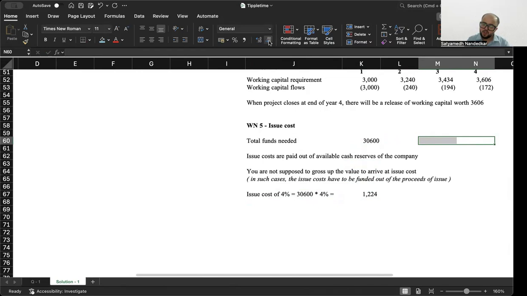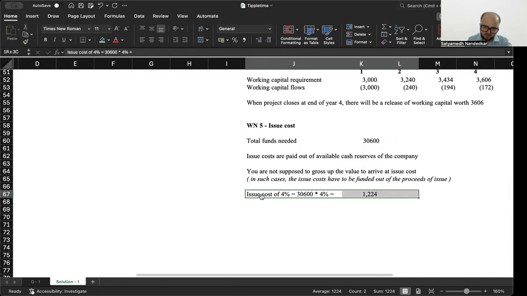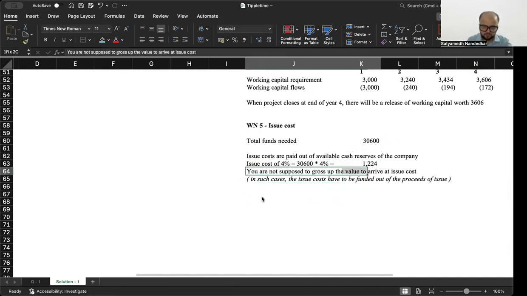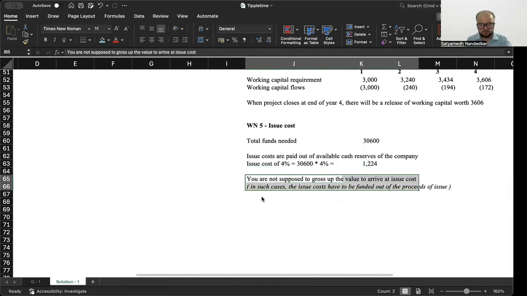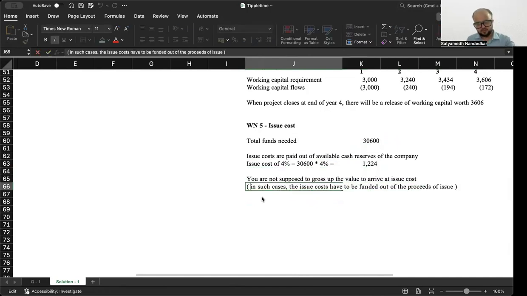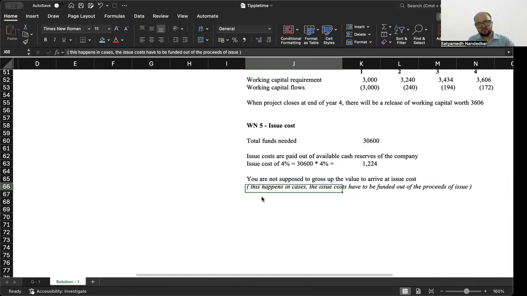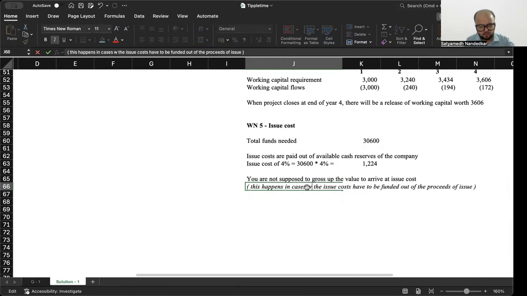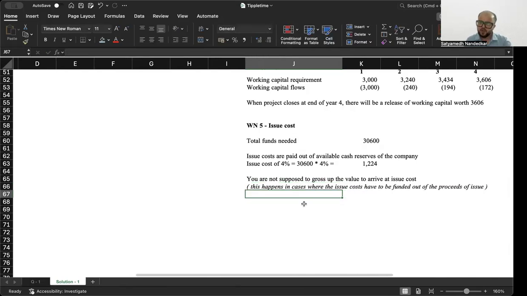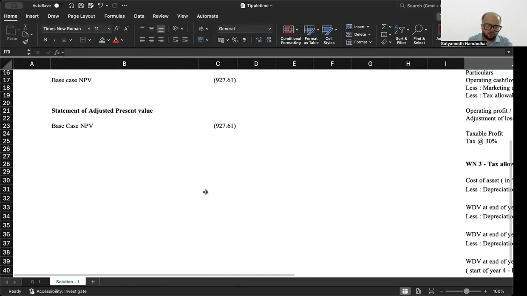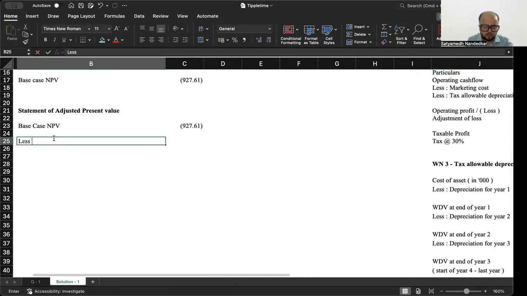Not the case here. Issue cost is paid out of available cash reserves. I would add some information here: this happens in cases where the issue cost has to be funded out of proceeds of the issue. So here I'm going to write down less issue cost, minus 1224.